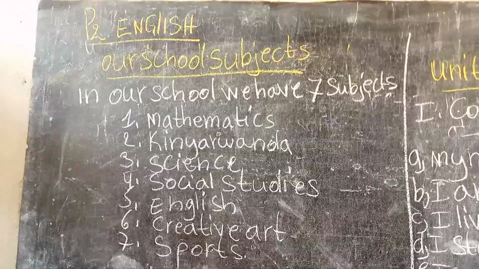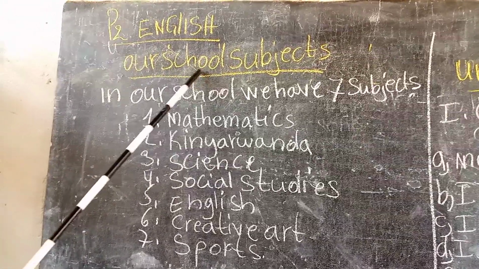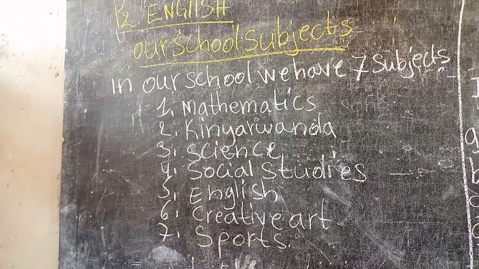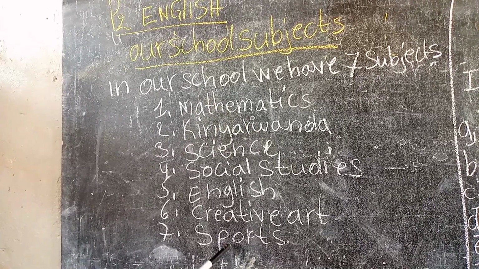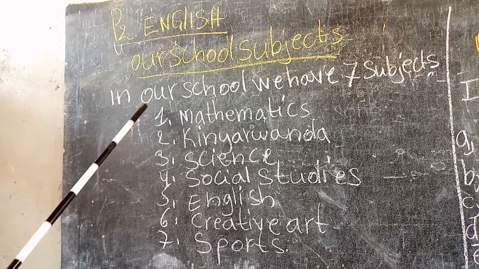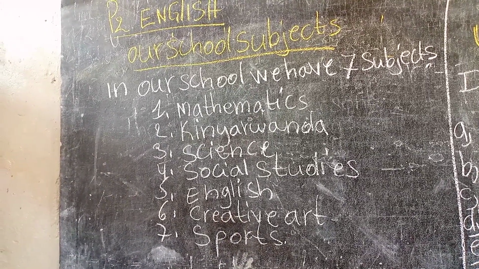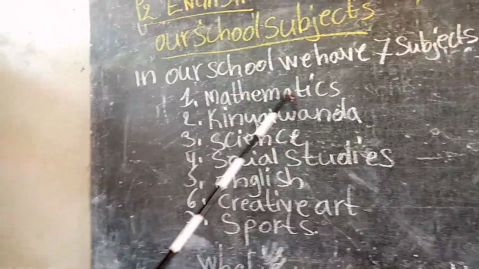Let's continue our summary in order to see our school subjects. In our class, in primary 2, these are our school subjects. In our school, we have 7 subjects. The first subject is mathematics.